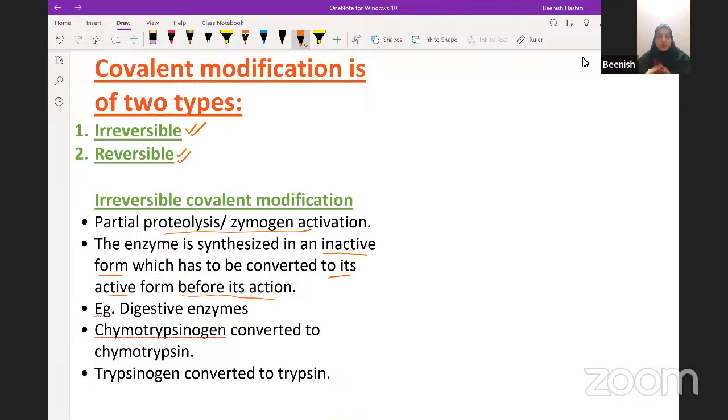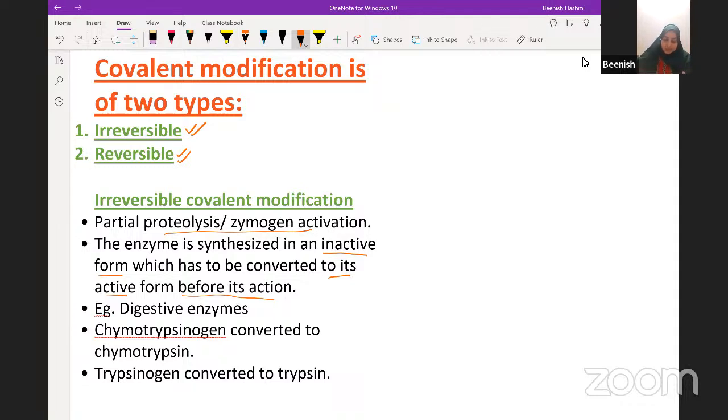Like we all know, trypsinogen, chymotrypsinogen, and all your zymogens are synthesized in an inactive form. Then, because of partial proteolysis, they are converted into the active form. So that is irreversible covalent modification: once activated, they cannot go back to their inactive state again.